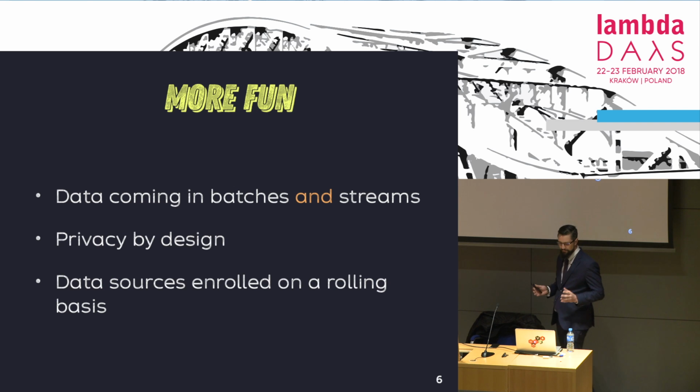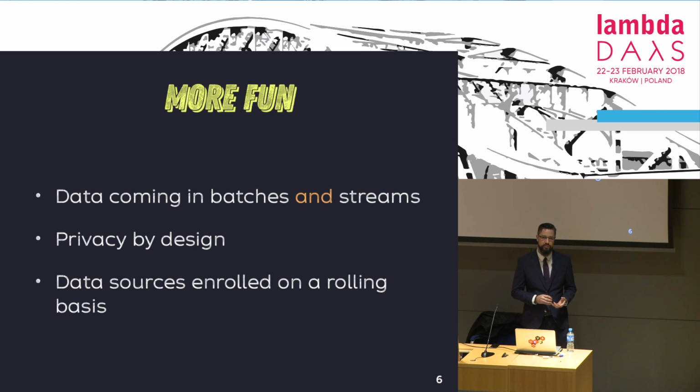It's a data platform where data comes in through big batches, for which we use Spark, or through streaming to Kafka topics. We had to implement so-called privacy by design, which means that the sources, the entities that give us their data, tell us which fields, which columns contain personal information, and we had to take measures to make sure that the privacy of the people was protected.